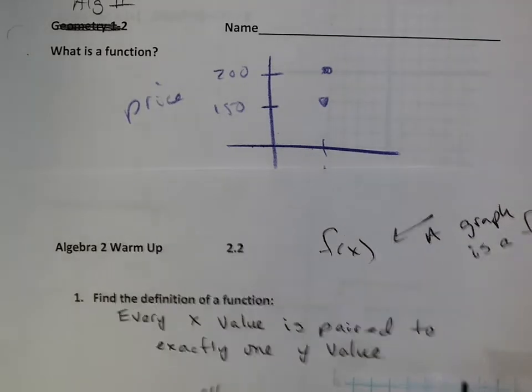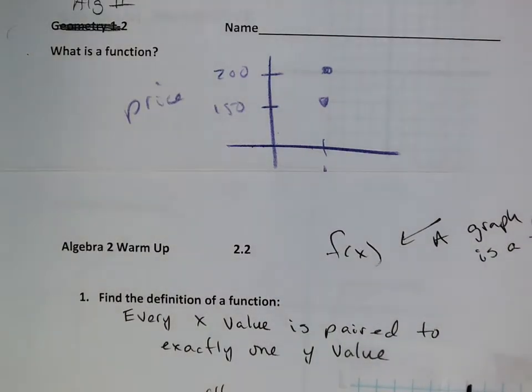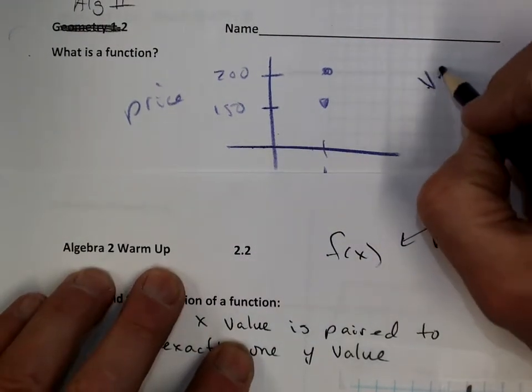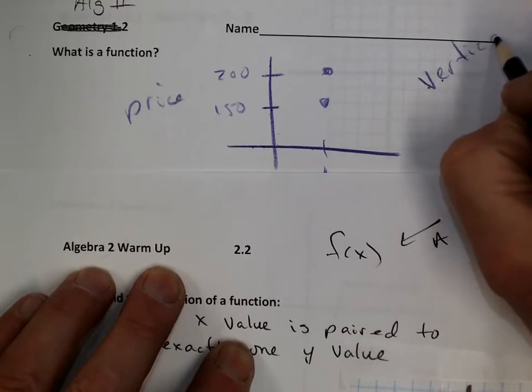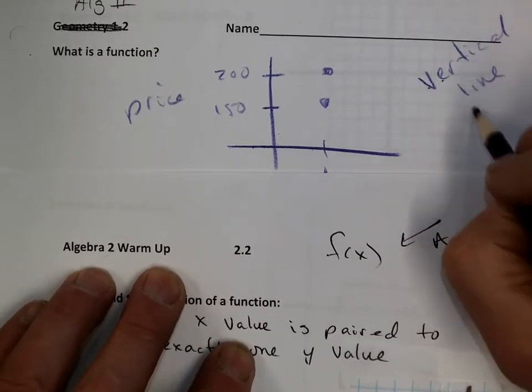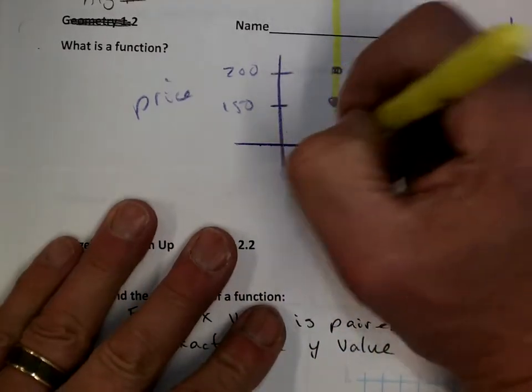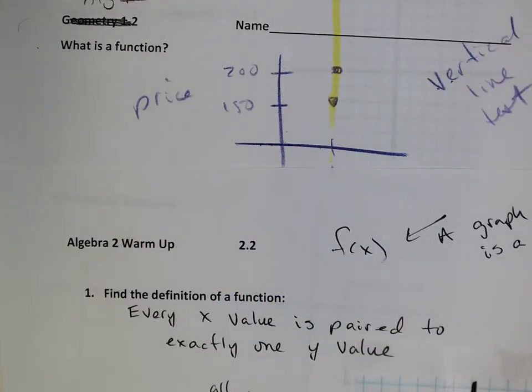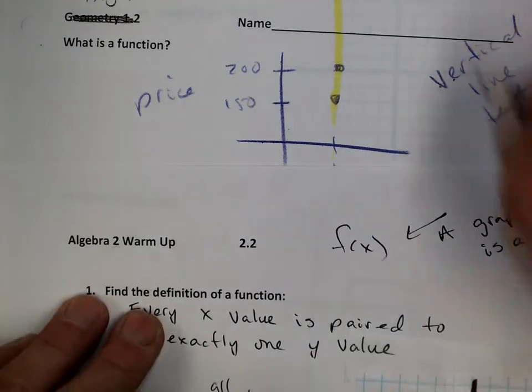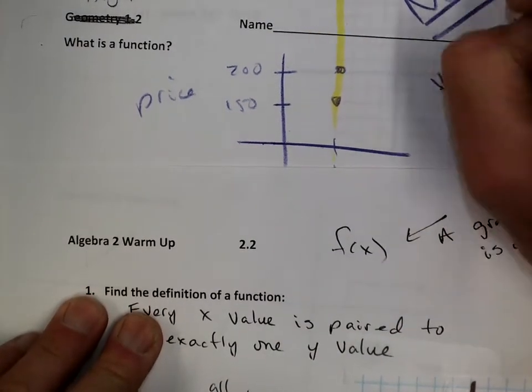Okay? So then we talked about how you could do this thing called the vertical line test. The vertical line test is where if you can draw a vertical line straight down anywhere on a graph and it touches the graph in more than one place, it is not a function.